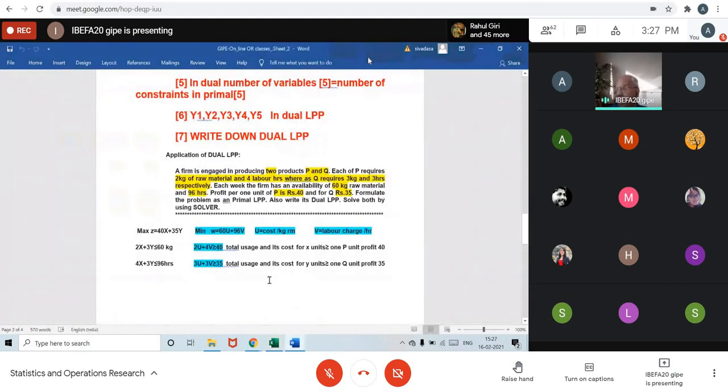Now, what is dual? W equals 60U plus 96V. That is, U equals the cost per kilogram of the material and V will be the labor charge per hour.